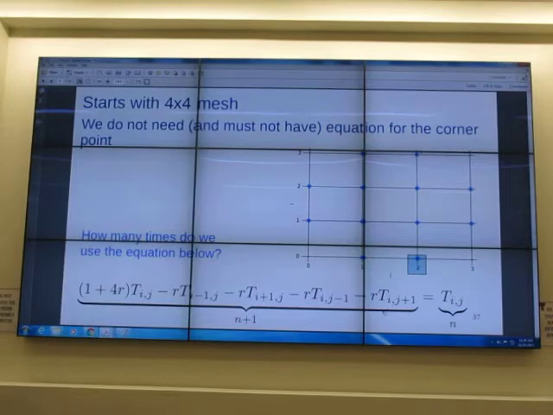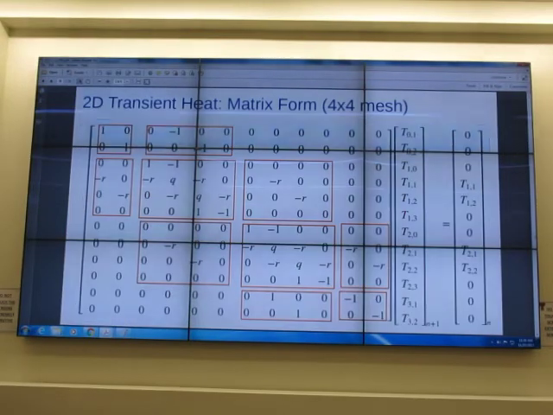Okay? So first equation I have, first row multiplied by column. So this means T01 minus T11 equal to 0.